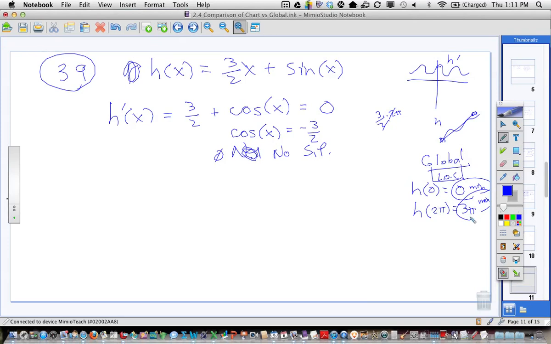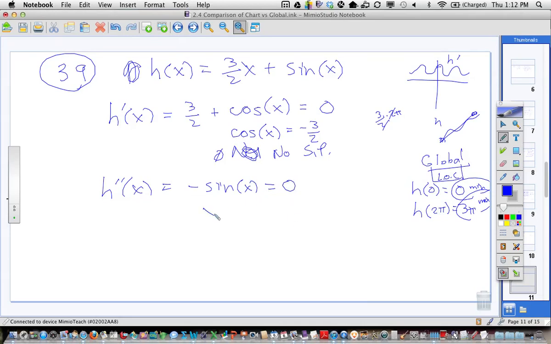So those are our only candidates, and no stationary points. No stationary points also means that there are no local max or mins, because it's never flat. There can't be any places where it's increasing, decreasing, any of that. Now we can go on to inflection points, so we need the second derivative. I think it's the same one we had in the problem the other day when we did 37: negative sine x.